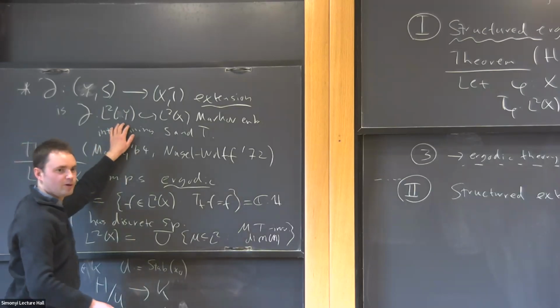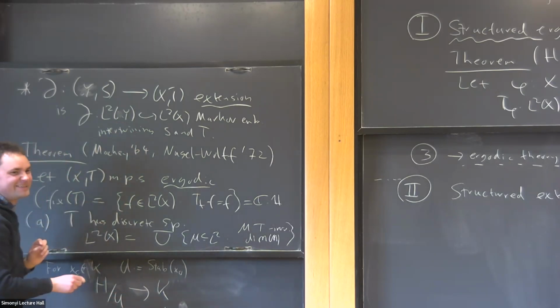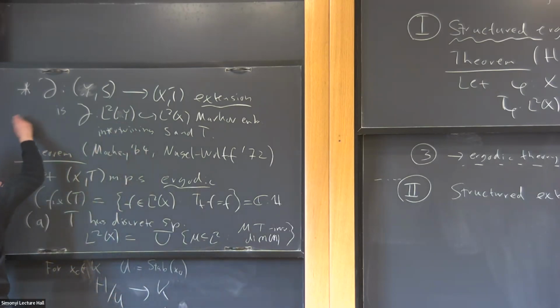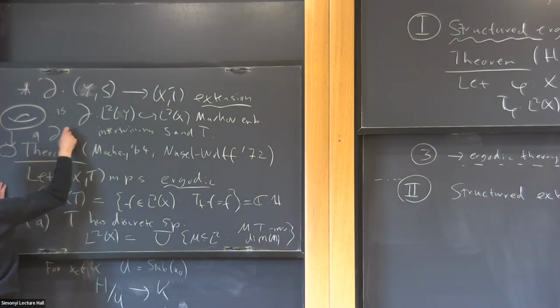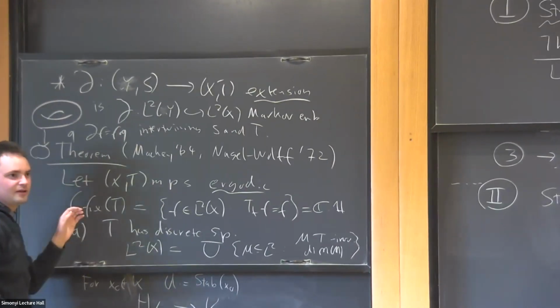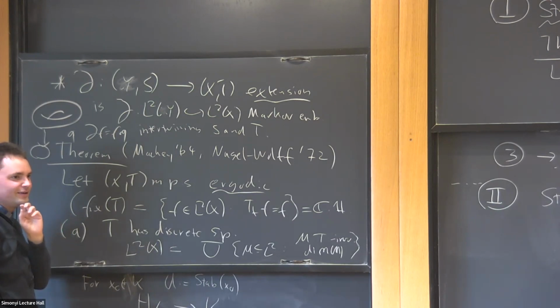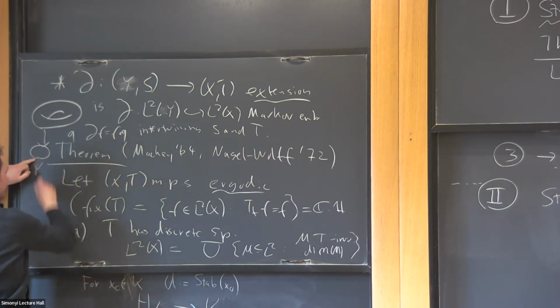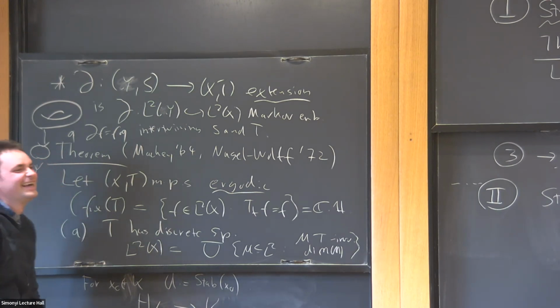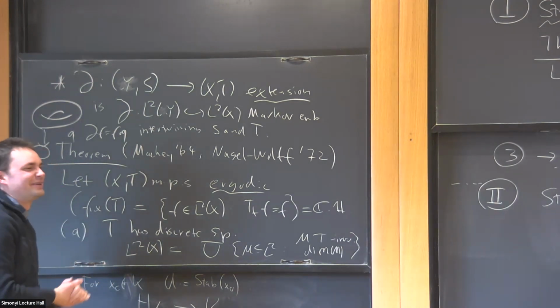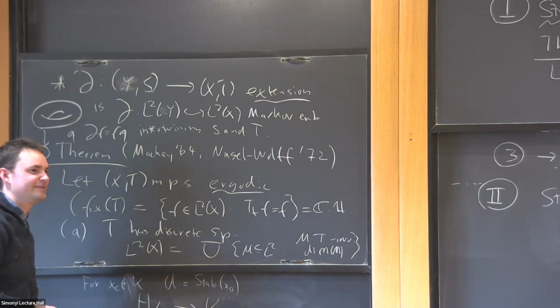So Y is the smaller system, the one at the bottom. Then J is again given by composing.